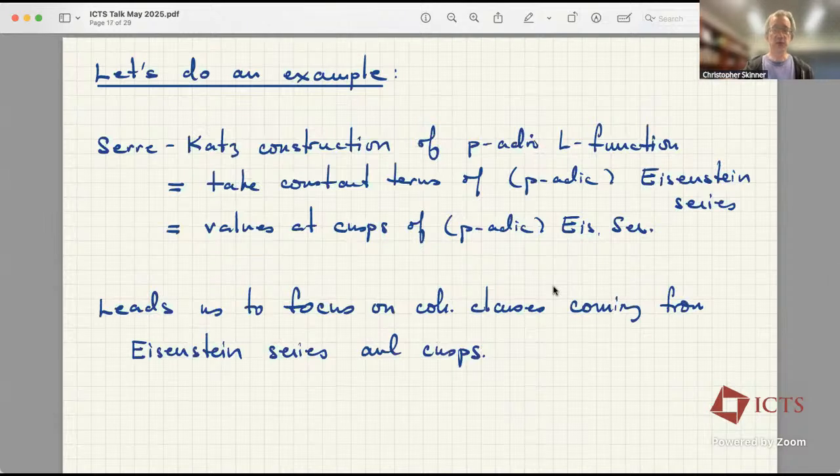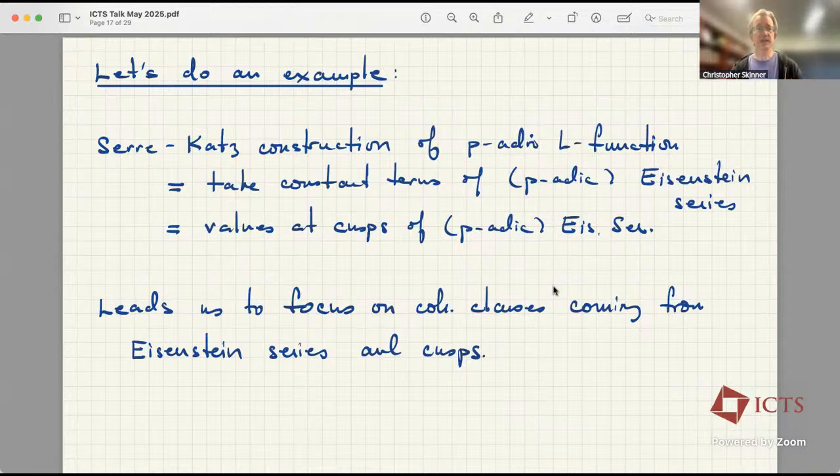All right, so let's do an example. And here's the motivation. The Serre-Katz construction of p-adic L-functions for Dirichlet characters comes about by just looking at the constant terms of p-adic families of Eisenstein series.